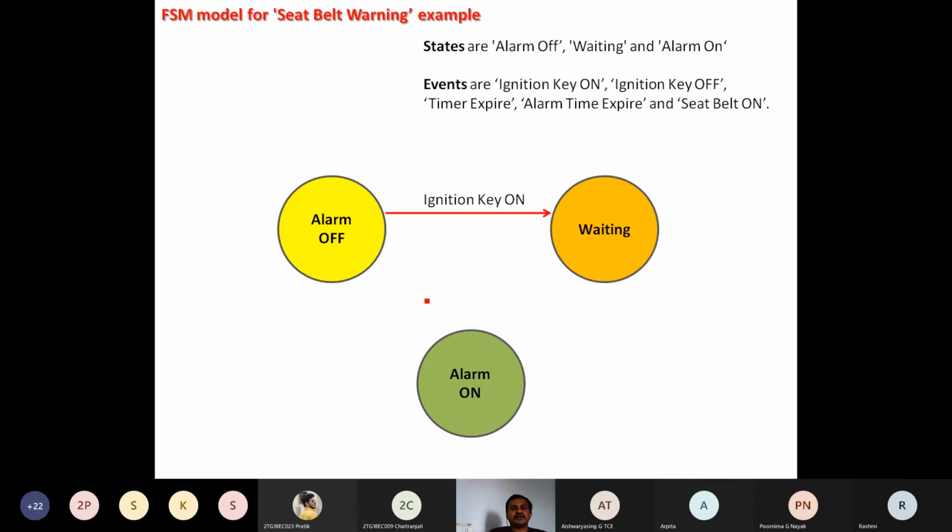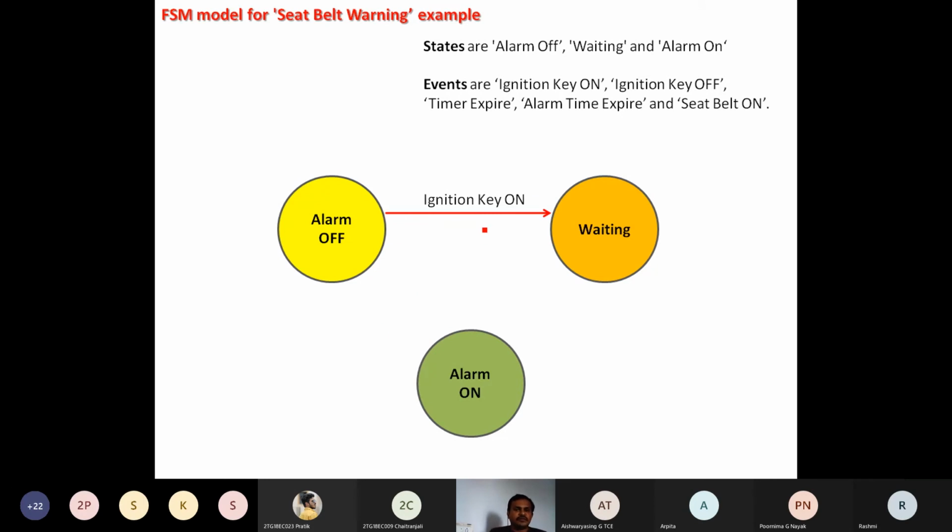Now let us look at a transition, moving from one state to another, from the alarm off state to the waiting state. Obviously, when the car is off, the alarm is in the off state. When I turn the ignition key on, the event occurs and the state machine takes the transition from one state to another, shown with the arrow mark.